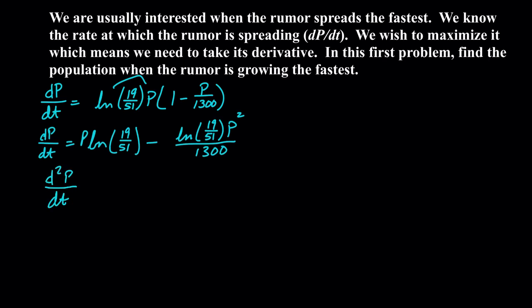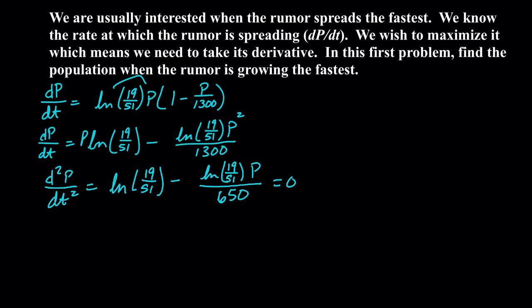And so that's going to give us d2p over dt2 is equal to natural log 19 over 51 minus natural log 19 over 51 p over 650.